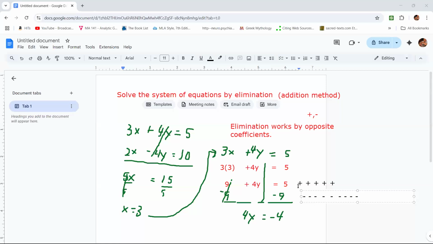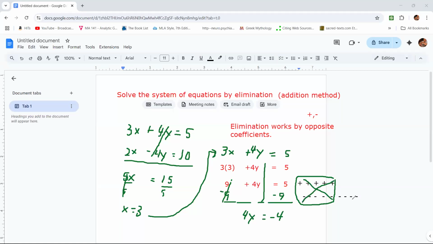And if we eliminate the 5 positives with the 9 negatives, what we have is these 5 positives go out with these 5 negatives. So they get killed.